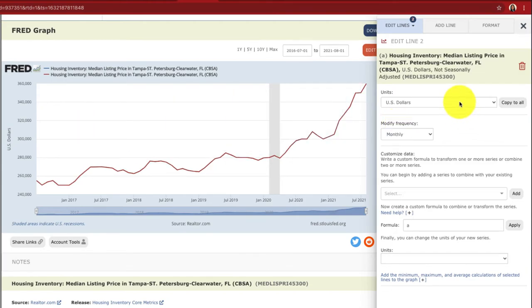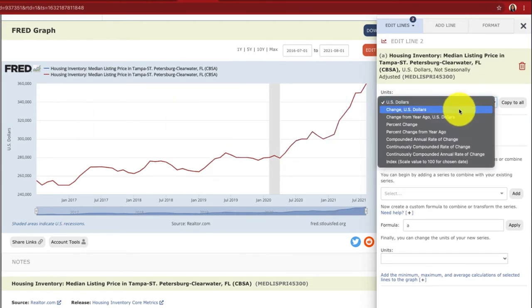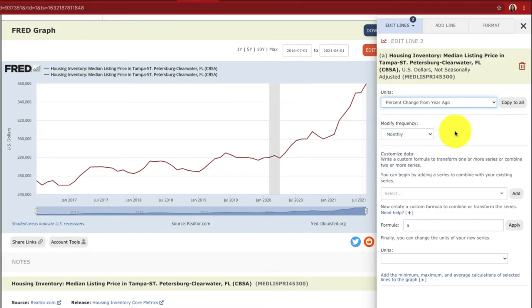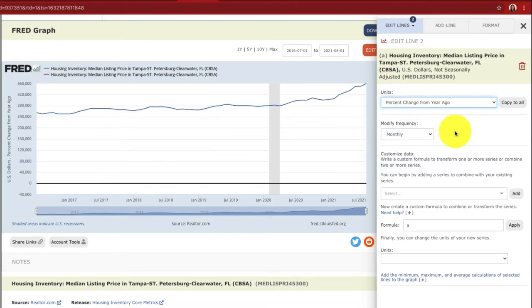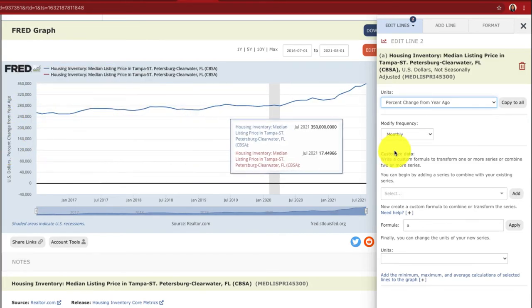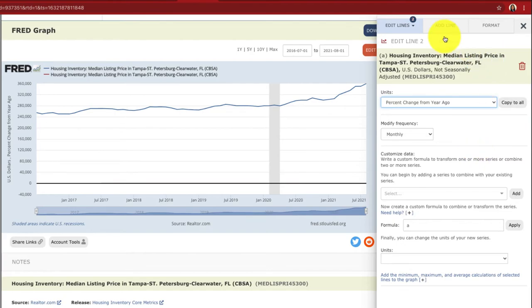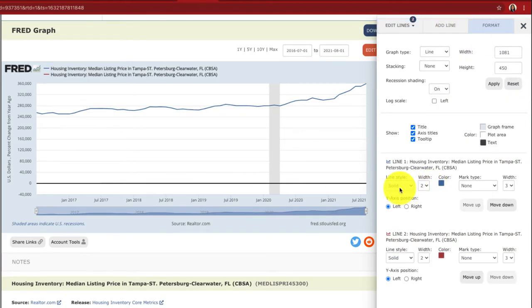So what I want to do is do percentage change from a year ago, just like the prior. But now I'm going to get this really weird chart because everything is pushed on this left side of the y-axis. So what I want to do is go to Format. For that second line, which is line 2, we want the y-axis position to be right.